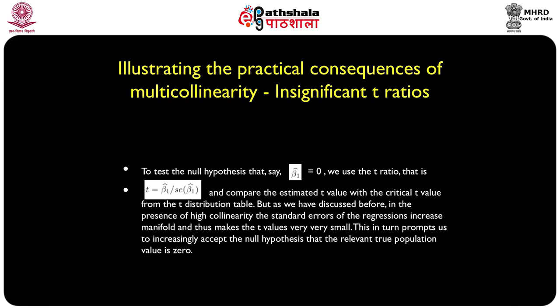But as we have discussed before, in the presence of high collinearity, the standard errors of the regression coefficients increase manifold and thus make the t-values very, very small. This, in turn, prompts us to increasingly accept the null hypothesis that the true value is 0.